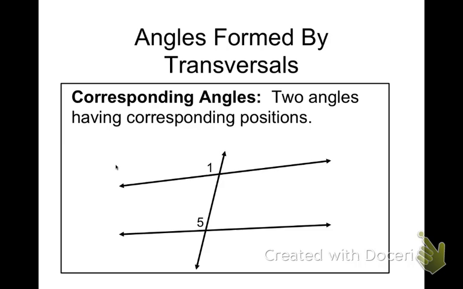So squeeze it in there in that white space underneath corresponding angles. Corresponding angles are two angles. And again, feel free to use abbreviations. So two angles having corresponding positions.